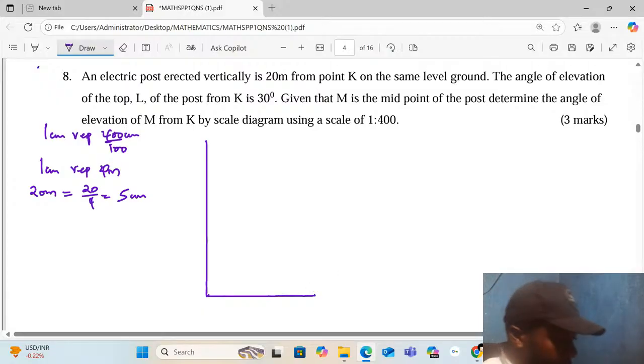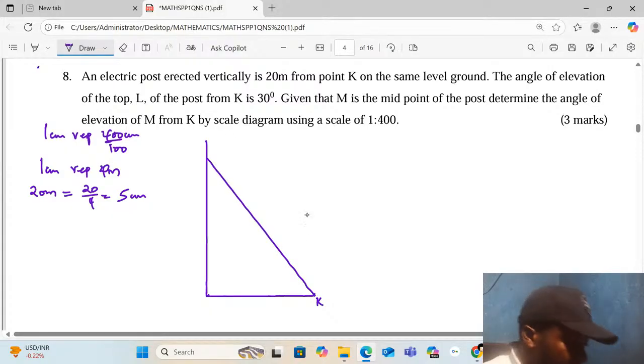While here they're saying the angle of elevation is 30 degrees. So this is point K, and they're saying the top is L. You measure 30 degrees here at point K, and the line will come up to somewhere there.